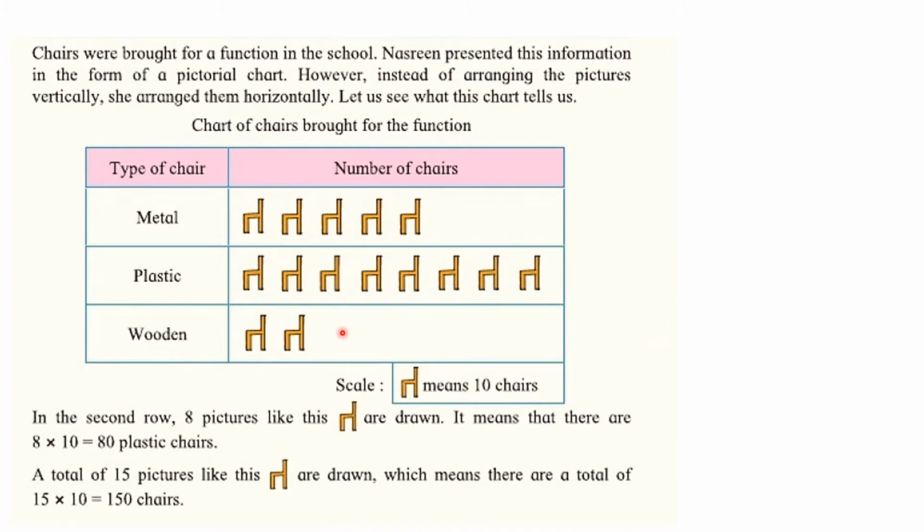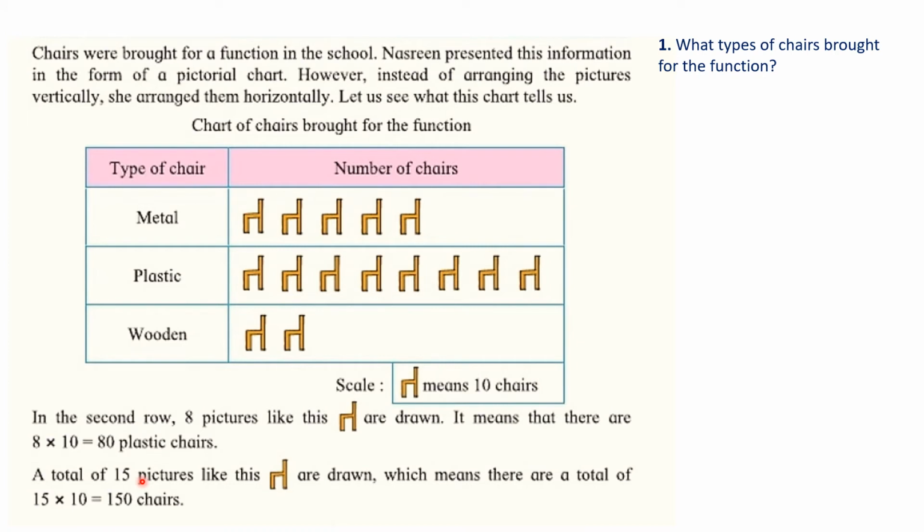This number of chairs we will multiply with the scale given, that is 10. So 15 into 10 we get the answer total number of chairs, that is 150. Same way, from this pictograph we can learn about more information.